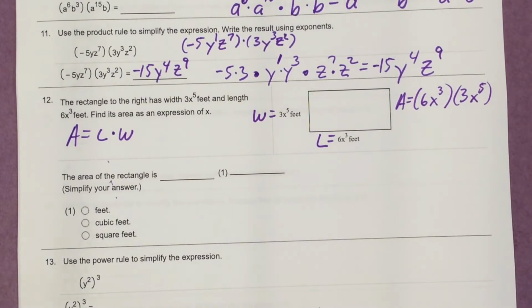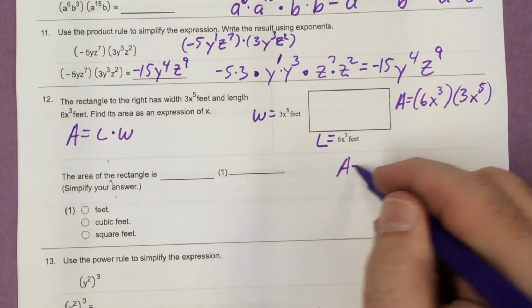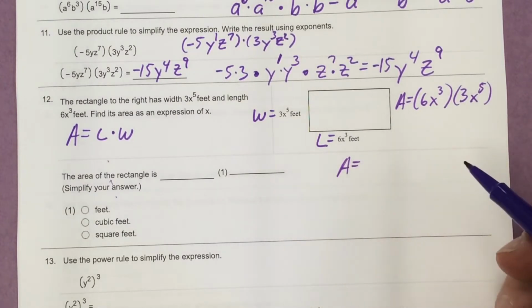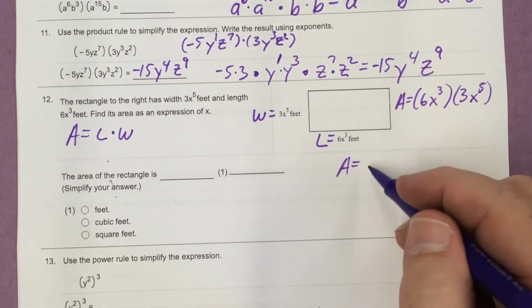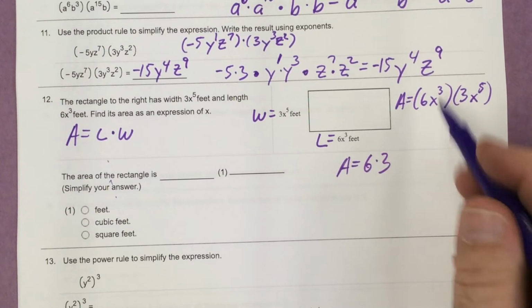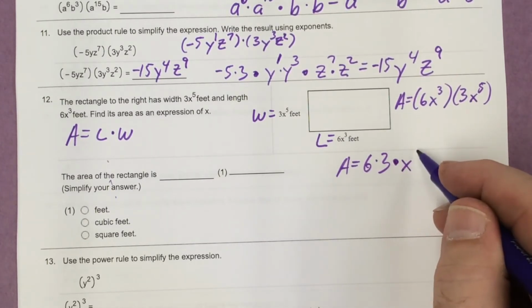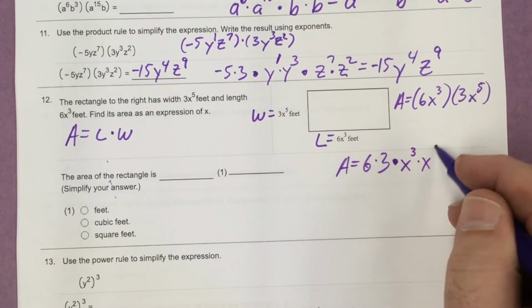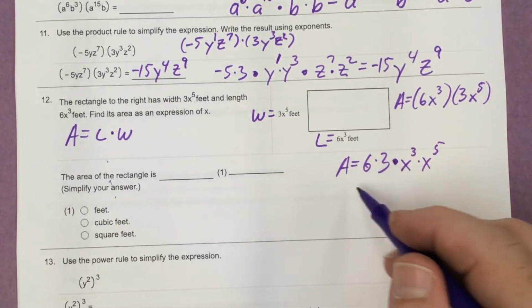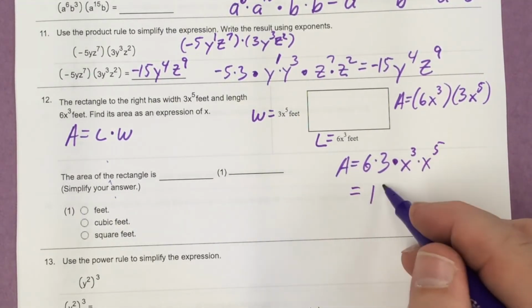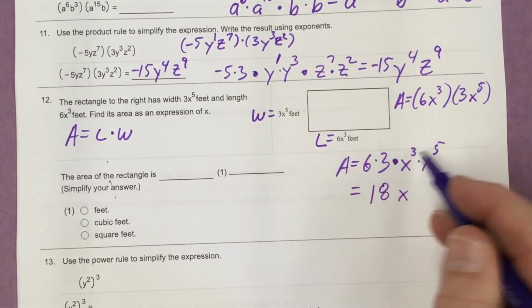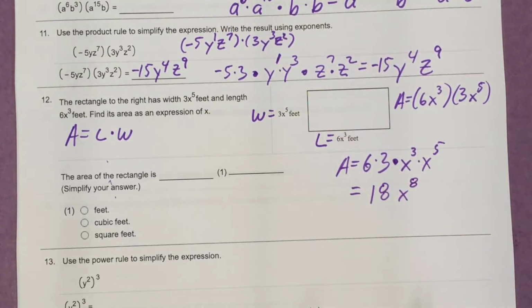And again, as I multiply things together, I'm going to carry out this work down here. That is going to give me 6 times 3, putting these together, and then times x to the 3rd times x to the 5th. And my final answer for that is going to be written as 18x to the 3 plus 5, 18x to the 8th.